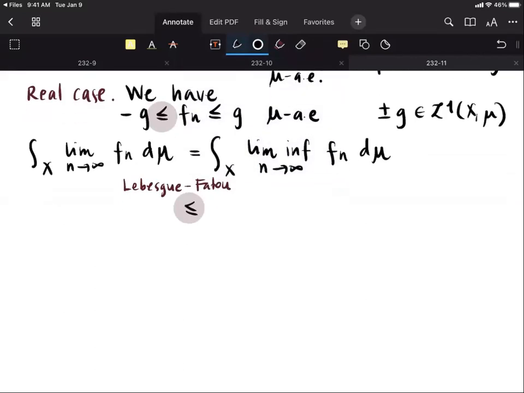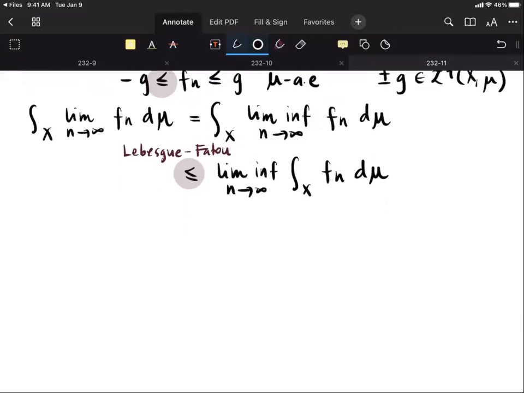So f sub n is bounded from below by an integrable function. So the first version of the Lebesgue-Fatou lemma, namely the limit inferior version, we have this.